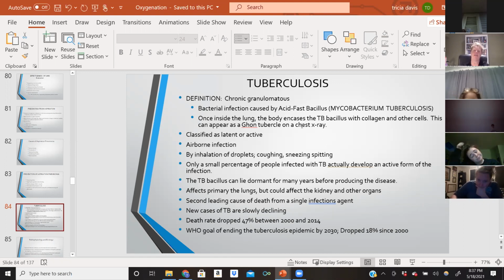The new cases of TB are actually declining, which is a good thing. The death rate dropped 47% between 2000 and 2014, which is really good. The World Health Organization had a goal of ending the tuberculosis epidemic by the year 2030, and we've seen a decrease since 2000.